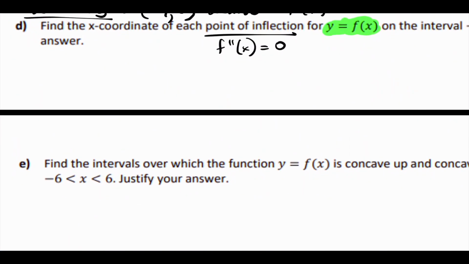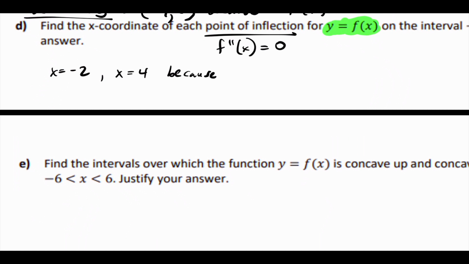So x equals -2, x equals 4. Because we always have a critical value where it changes sign.